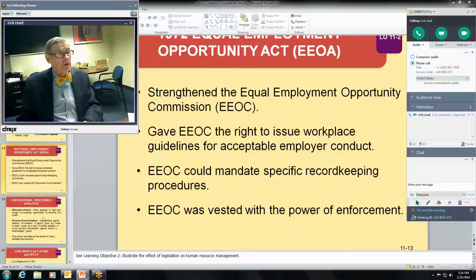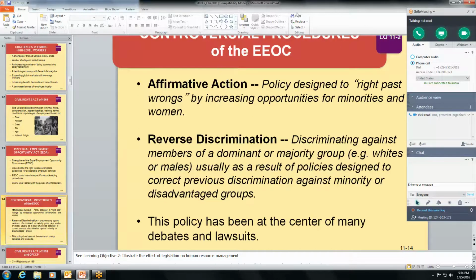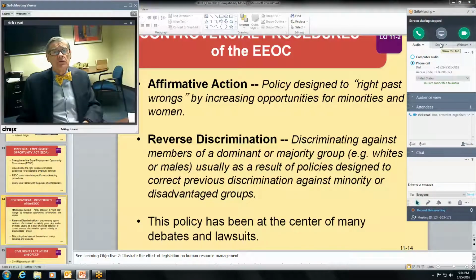Controversies with the Equal Employment Opportunity Commission, affirmative action. The Equal Employment Opportunity Commission is not the generator of affirmative action. Affirmative action was put into the books, if you will, by executive order by President Lyndon Johnson in 1965.